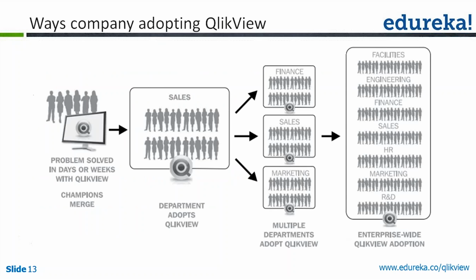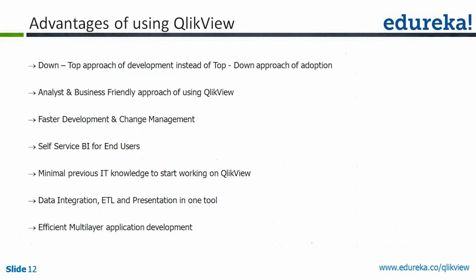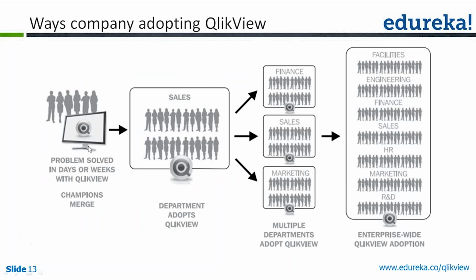So let's move on to the next slide, which is ways companies are adopting Qlikview. It's again similar to my first point in the last slide, which was down-top approach of development instead of top-down. It's a down-to-top approach of adoption.